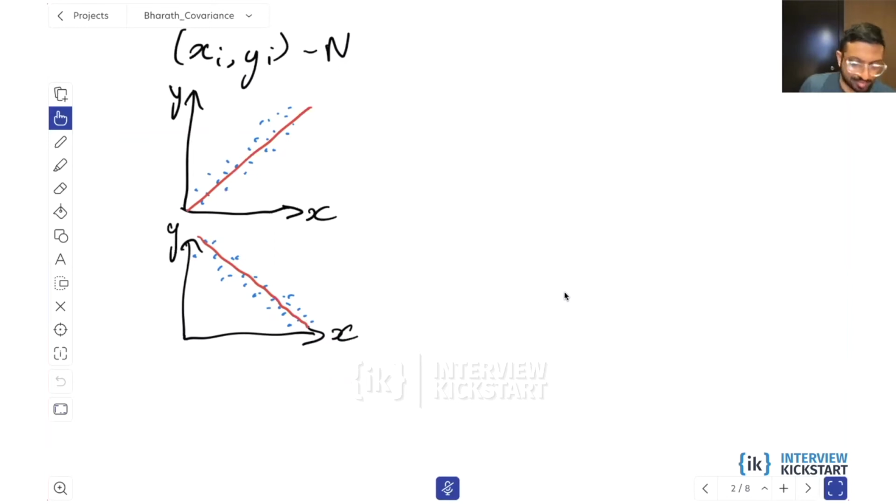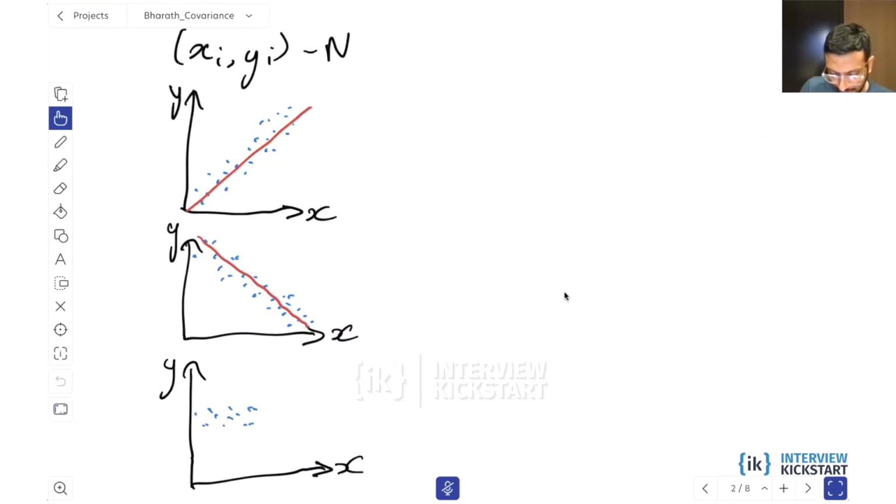And it's also possible for neither of these to be the case, right? We could say, for no matter what the value of x is, we see that the value of y stays fairly constant between, I guess, a particular range. And in this case, we see a fairly flat relationship between x and y.